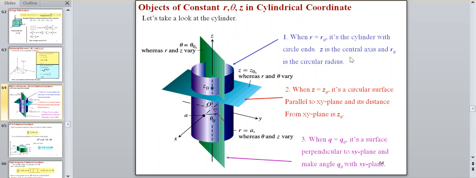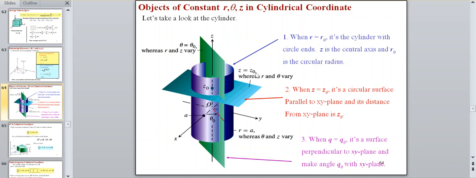Imagine if you have r equals r0 in two-dimensional space. Do you remember this is a circle centered at the origin of radius r0? But we are talking about three-dimensional space, so since this equation is independent from z, you can imagine that we have a line parallel to the z-axis which is moving around this circle.